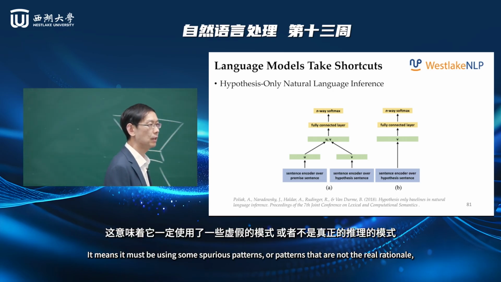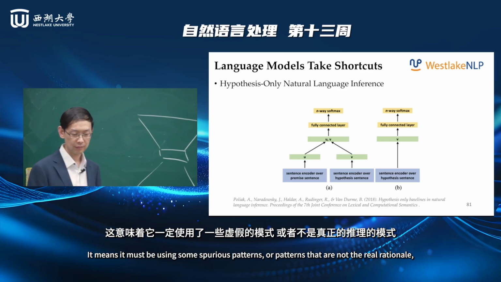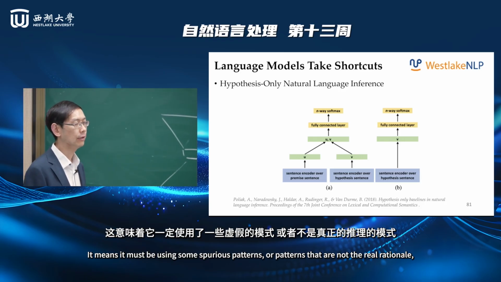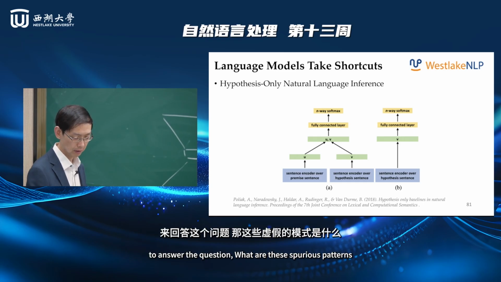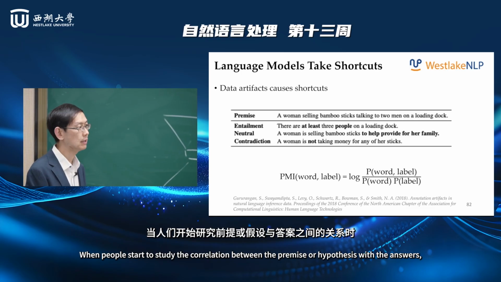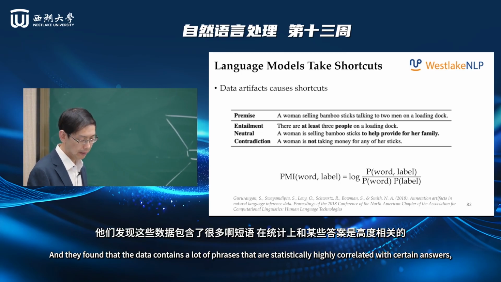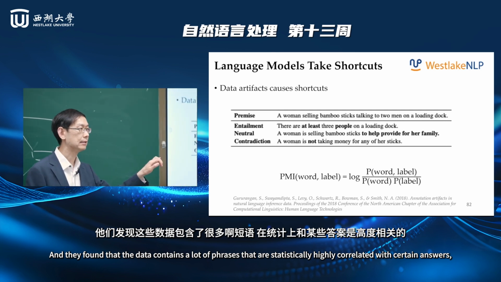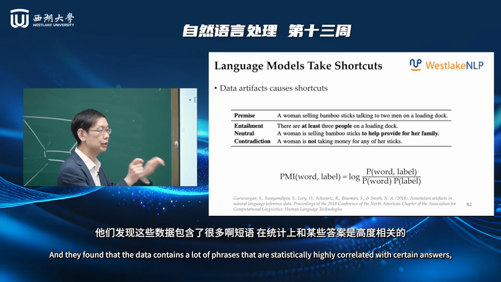It means it must be using some spurious patterns, or patterns that are not the real rationale, to answer the question. What are these spurious patterns? People started to study the correlation between the premise or hypothesis and the answers. And they found that the data contains a lot of phrases that are statistically highly correlated with certain answers.